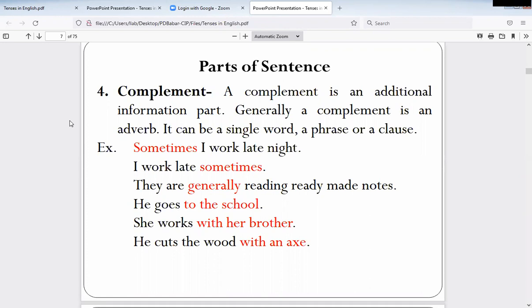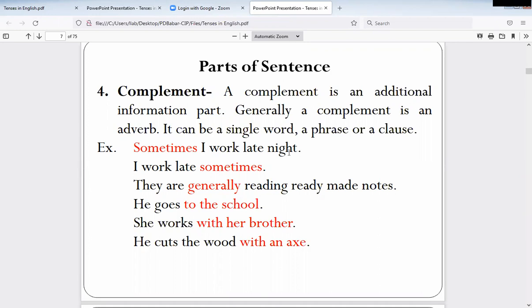The main clause is what? The independent clause, and we have discussed it. And the subordinate clause is what? It is the dependent clause. It depends on the main clause. So clauses can also be used as a complement in a sentence. Let's see what adverbs we use as a complement in a sentence, with an example. The first example is: sometimes I work late night.